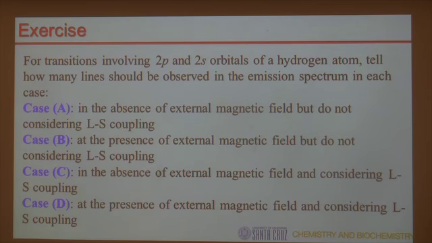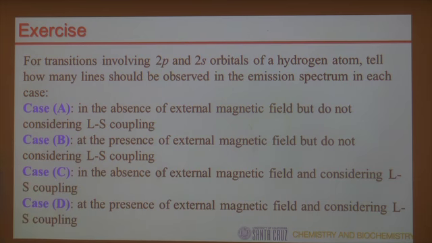How many lines can we have? We have 2p orbital, 2s orbital. How many lines do we have? The transition, emission from 2p to 2s. How many lines? Just one line, it's one transition. It's one wavelength, right?